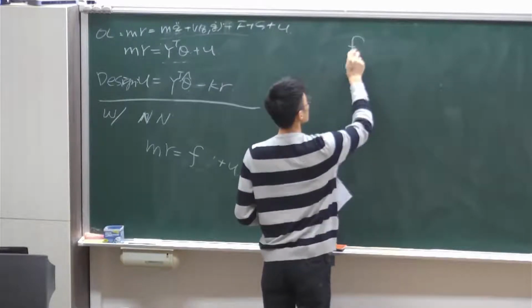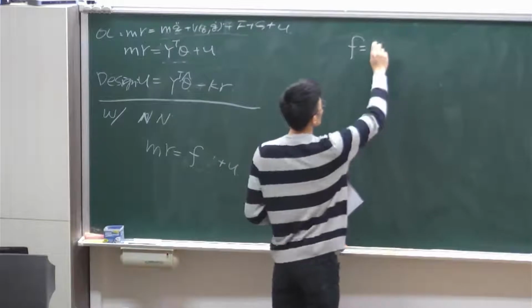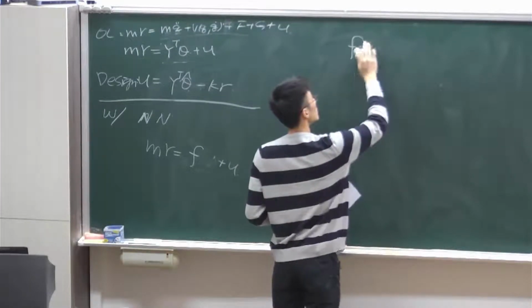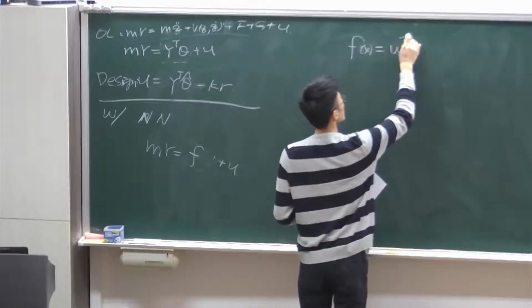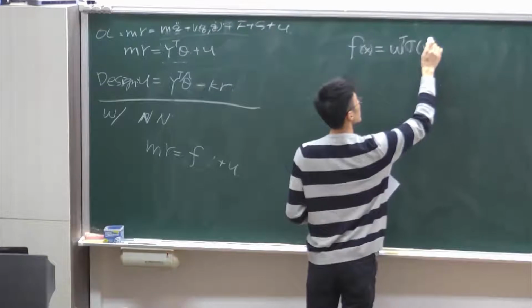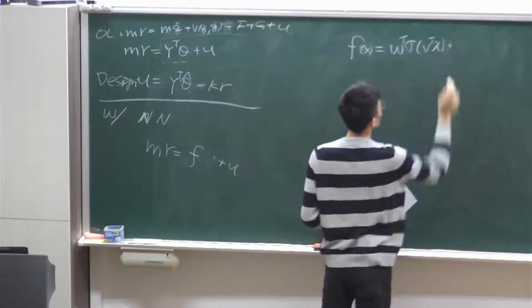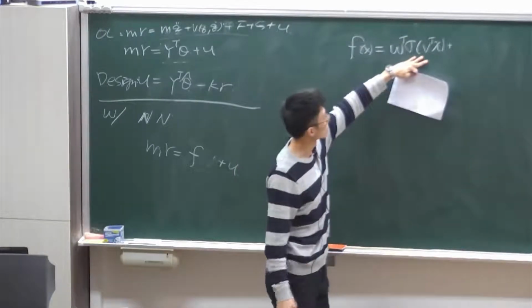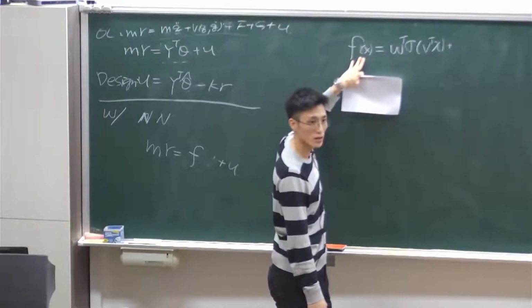We assume that this F can have this structure, can be a neural network function, and this function is used to approximate a nonlinear function.